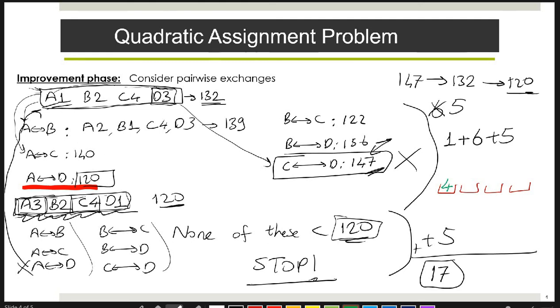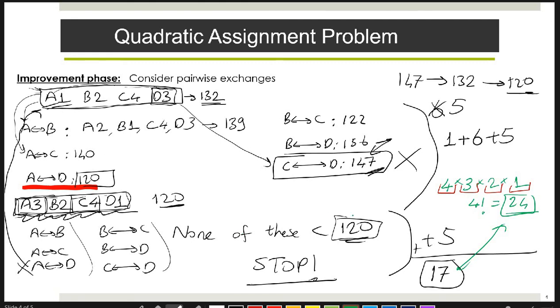If I locate one of these machines here, how many remaining alternatives do I have? 3. I select one of them and locate it there, and then the remaining one is 2, and then the remaining one is 1. So this is the total number, which is 4 factorial, which makes 24.